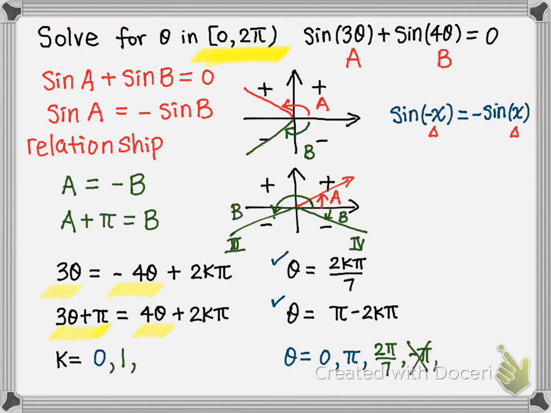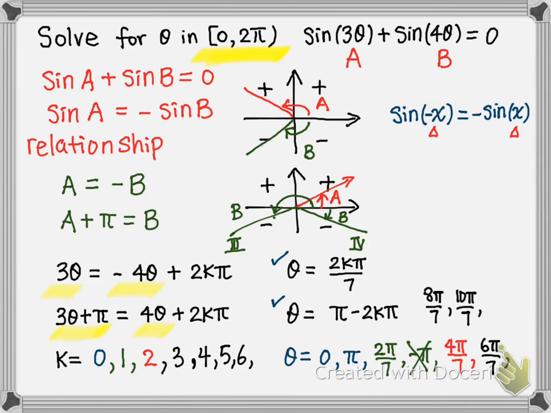Plug in the value 2, you get 4 pi over 7. You plug in more values, 3, 4, 5, 6, and so on. So you get 6 pi over 7, 8 pi over 7, 10 pi over 7, and 12 pi over 7.